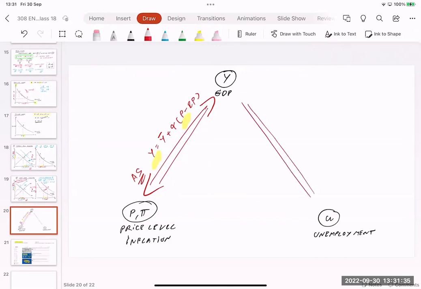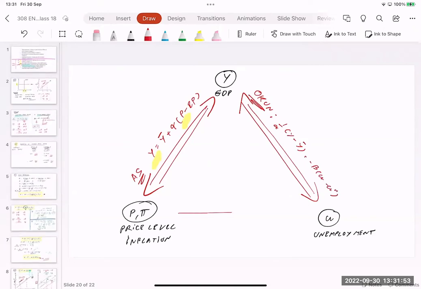On the other hand, we have Okun's law, which shows the relationship between Y and U: 1 over alpha times Y minus Y bar equals minus beta times U minus UN.